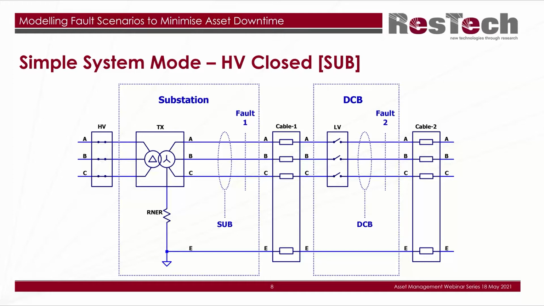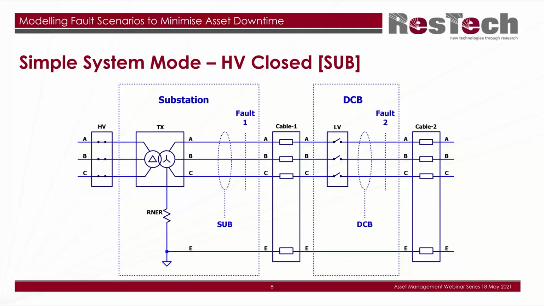circuit breaker is in the closed position, and the LV and the DCB contactor is still off. In this particular mode, we would assume that initially, if you were closing and there were no faults, the substation would be energized, and there would be power available at the input to the DCB.